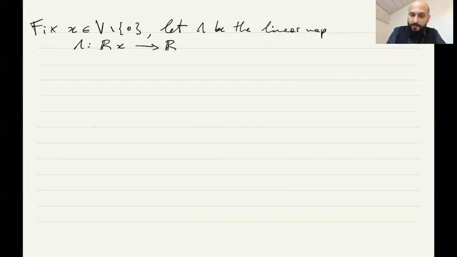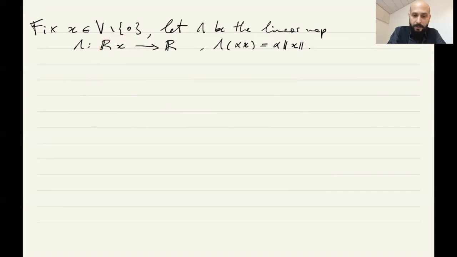So this map is defined as lambda of alpha x equal to alpha times the norm of x. Okay, so this is obviously a continuous map, but it is defined on a subset of V.